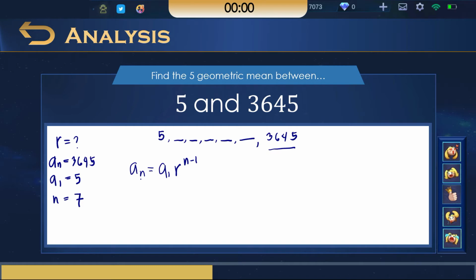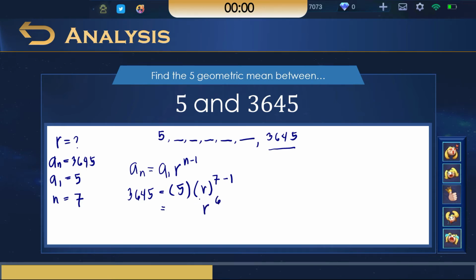We have a sub n, let us substitute the values. We have a sub n, which is 3,645, and we have a sub 1, which is 5. We are looking for the r, and the n is equivalent to 7 minus 1. Let us simplify. 7 minus 1 is equivalent to 6.